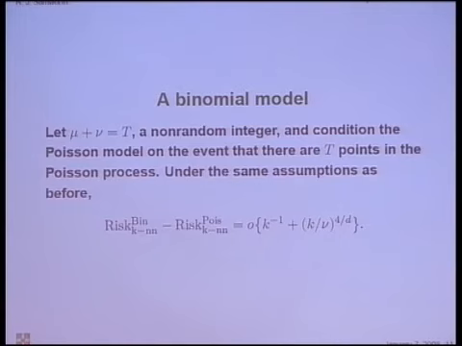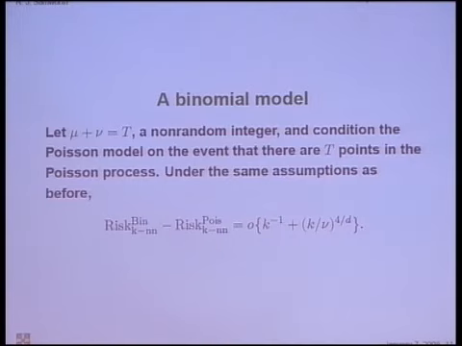That's the same thing as taking mu plus nu points and assigning them binomially to one or other of the populations. If you do that, with the same assumptions as before, it turns out that the difference in risk between the binomial and the Poisson models can be absorbed into this smaller order error term here, so that you get exactly the same results under these binomial models as you did under the Poisson model.